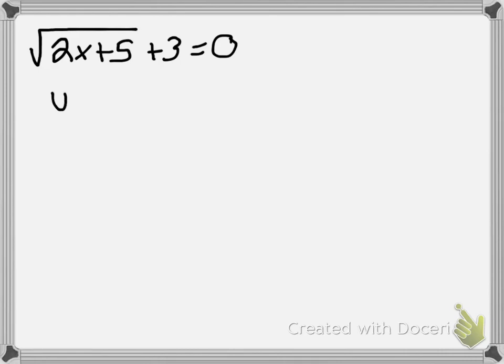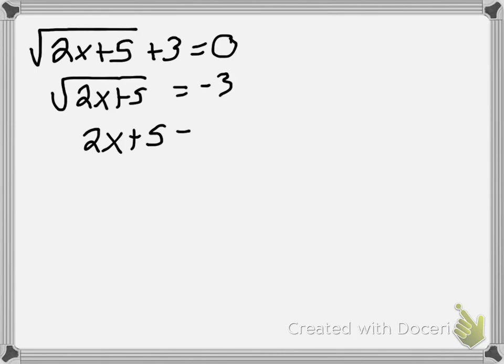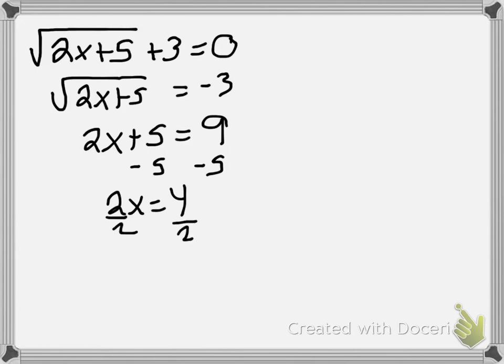You did the square root of 2x plus 5, and you subtracted the 3, and you got equals negative 3. Then you squared both sides. You got 2x plus 5 equals 9. Then you subtracted 5, and you got 2x equals 4. And most of you divided by 2, and you told me that x equals 2.